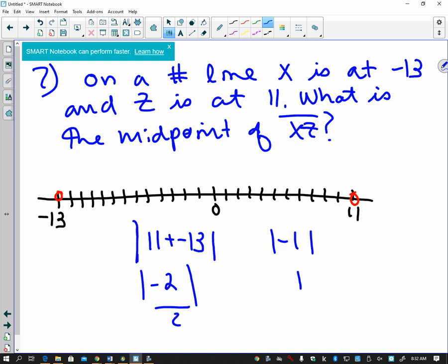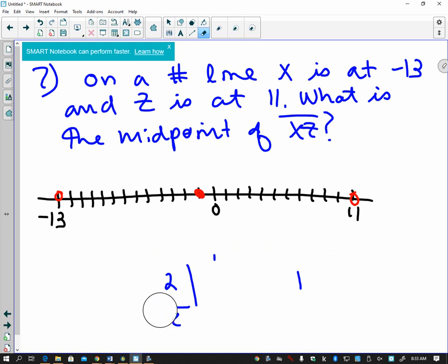All right. So let's look at this. We understand that the distance is 24, right? Half the distance is 12, correct? So if I count 12 from negative 13, I'm going to wind up at negative 1, correct? There's 11, 12. So do I need the absolute value?